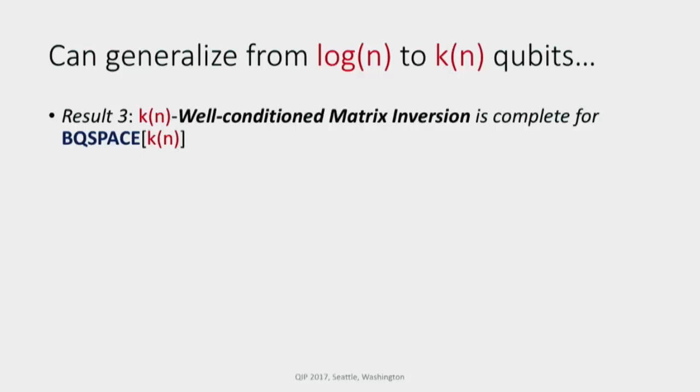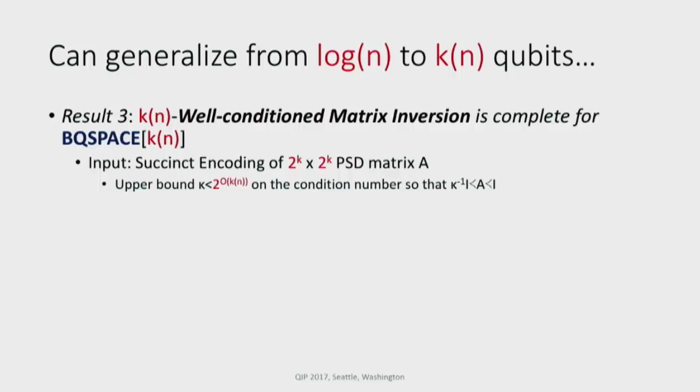So our third result says that the k of n well-conditioned matrix inversion problem is complete for BQ space k of n. Let me just tell you quickly what this is. We're given as input a 2 to the k by 2 to the k matrix A that has a succinct encoding, just as before, and an upper bound of 2 to the k of n on the condition number. And it's the same question as before.